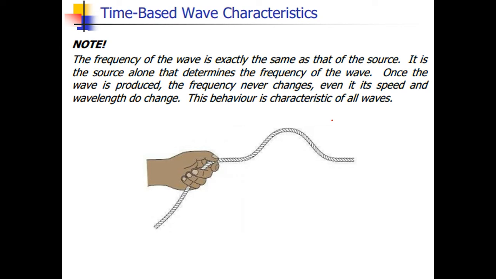In this case, the hand that is generating the vibration is the source. Once the wave is produced, the frequency doesn't change, while its speed and wavelength do change. But the frequency never changes, and we call this behavior a characteristic of all waves.